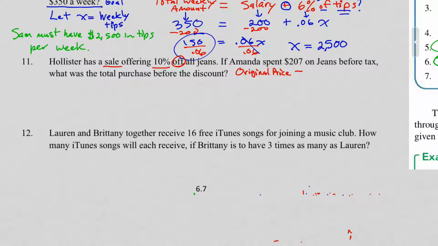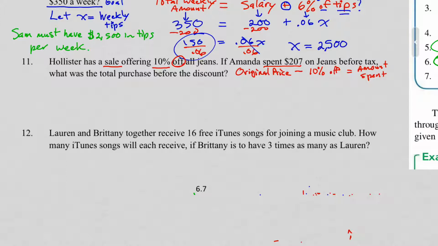So that is going to be 10% off. Okay. And that is what she's going to pay at the register, or the amount spent. And we have that right there.